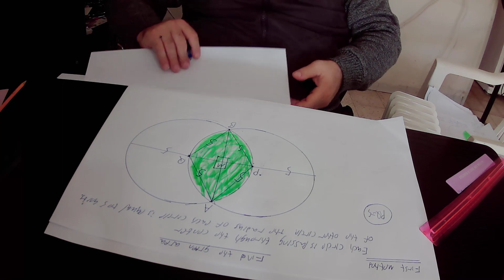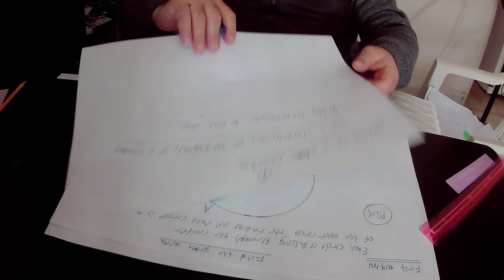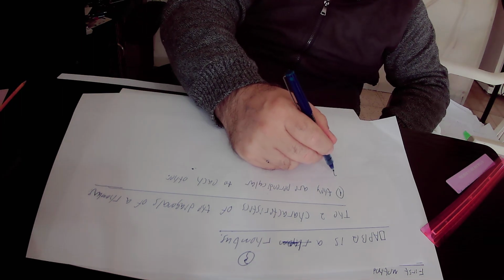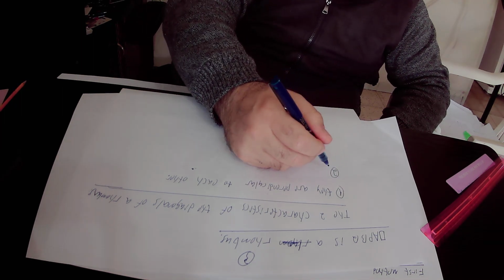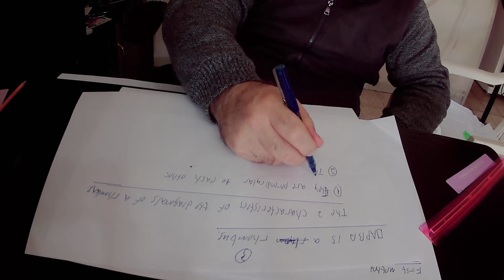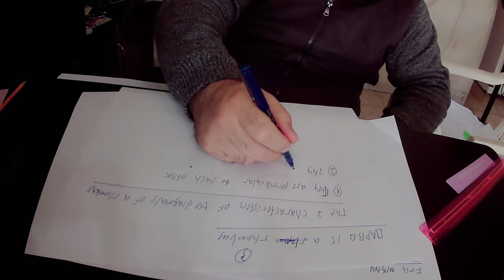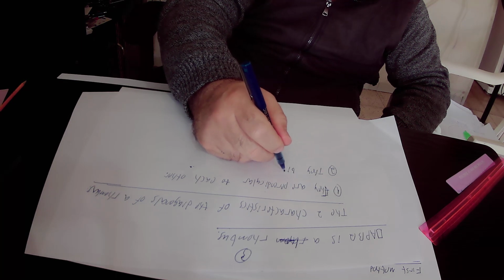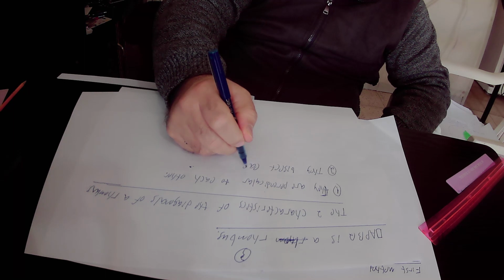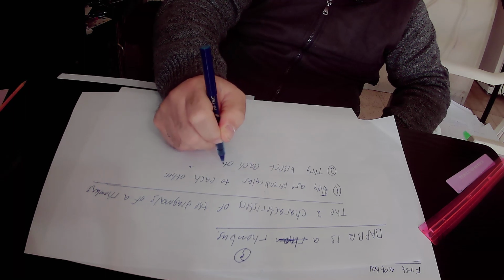And the second characteristic of the diagonals of a rhombus is they bisect each other. The diagonals bisect each other.